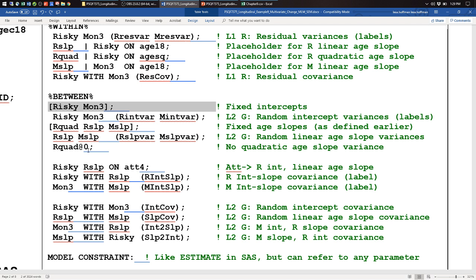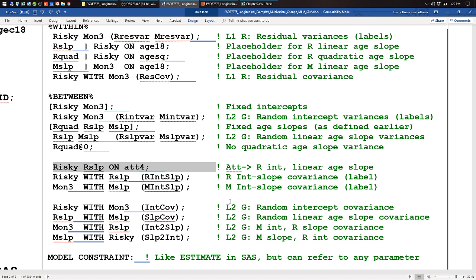We're almost there. Risky and R slope on @4. So I have two outcomes in this sentence. This is a shorthand way of saying both of these things are predicted by @4. So this is the effect of parent attitudes at level 2 on the risky intercept and on the risky linear age slope.